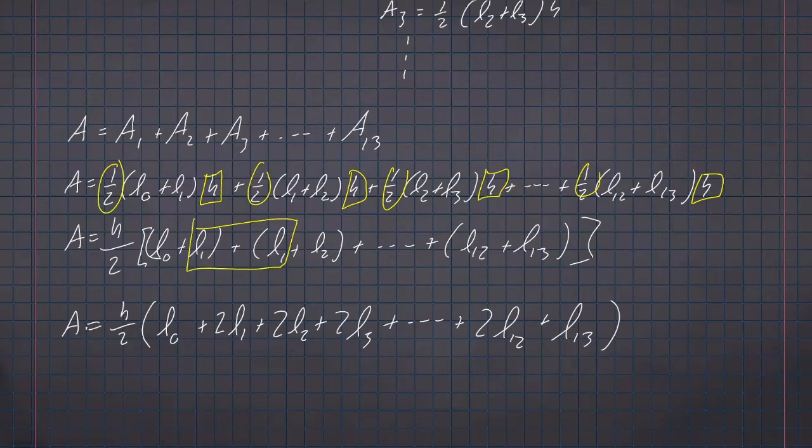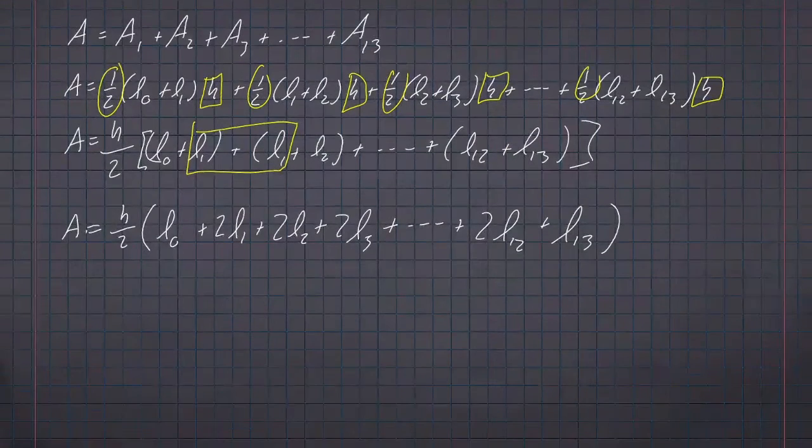In general, we are looking at dividing our figure into some unknown n regions. Which means that instead of going from 0 to 13, we're going to go from 0 to n.